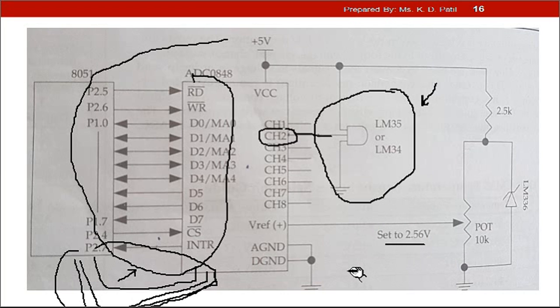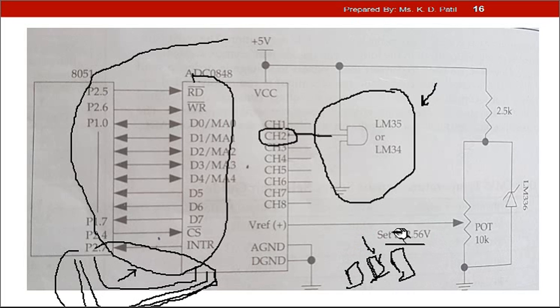So let me summarize this. This is my 8051 microcontroller, this is the ADC, and this is my sensor. Now the sensor will sense the physical entity and convert it into an analog signal, specifically in voltage form. Now that voltage analog signal has to be converted into digital numbers, and that work will be performed by the ADC.